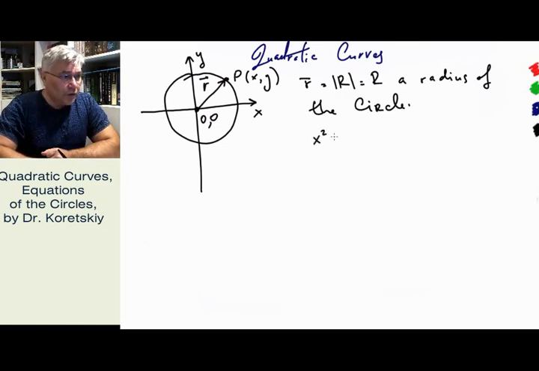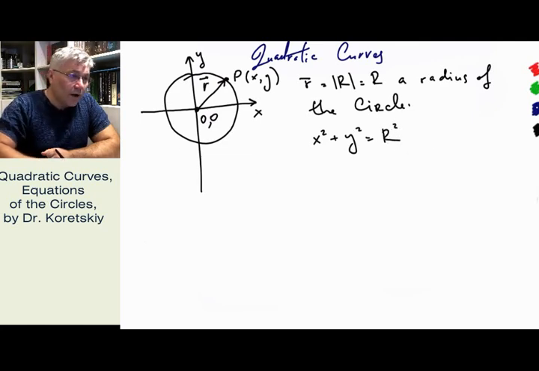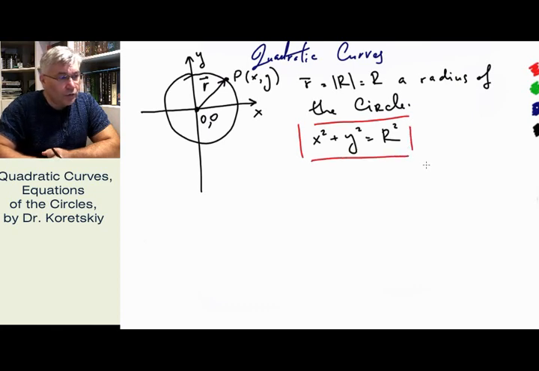So if I write x squared plus y squared equals r squared, I have the equation of the circle.